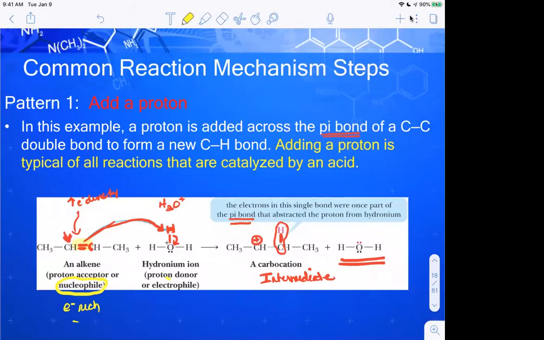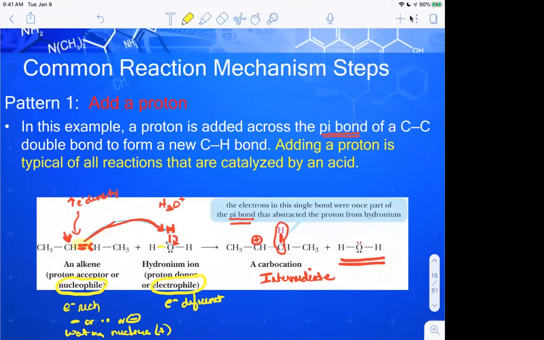So I either have a bond or a lone pair or a negative charge, and this is wanting a nucleus because that's positive charge. And then this is an electrophile, which is electron deficient, right? This oxygen is going to be positive, right?